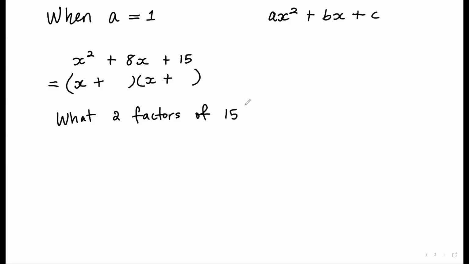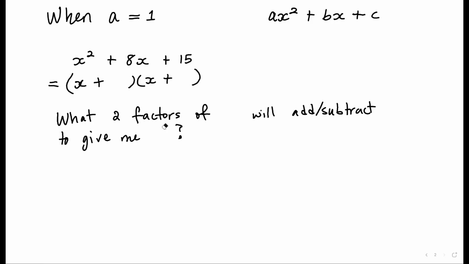What two factors of 15 will add or subtract? In this case, it's just addition because all of these signs are positive. Will add or subtract to give me 8, right? So really, I should actually put c and b here instead.